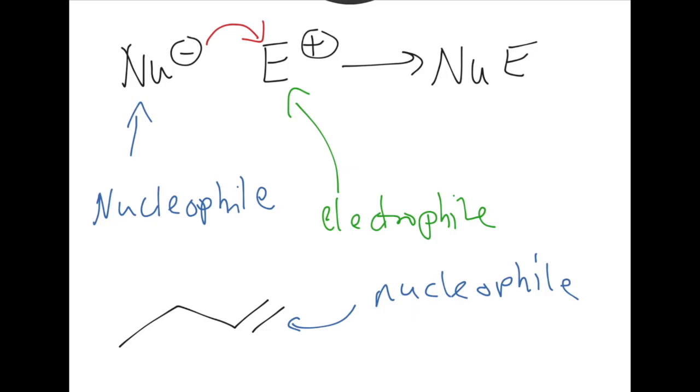To make a bond, you have to have 2 electrons shared. When you have a double bond, you have 4 electrons between 2 carbons. You have more electrons there than you need. So you've got a spot that has too many electrons, so it can go give those electrons to something that needs them more than those 2 carbons do. And so our double bond is our nucleophile, the thing that's going to add to something.